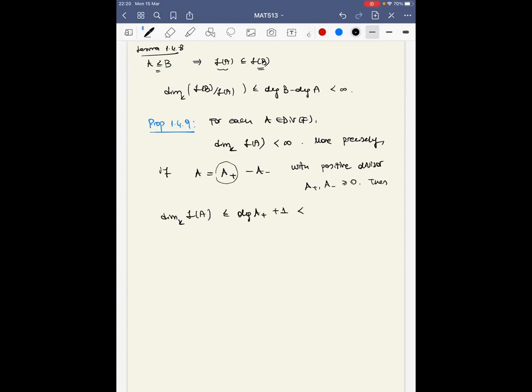And since this divisor can have finitely many non-zero coefficients, of course this degree plus 1 is finite.